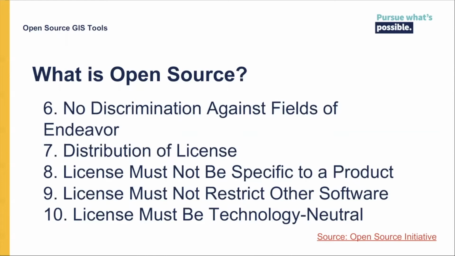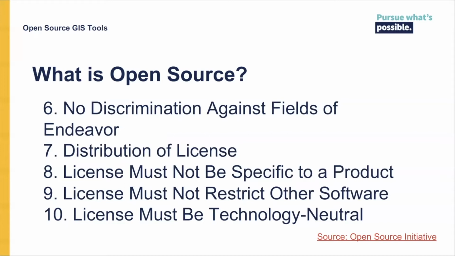It has to be open. Then for the distribution of the license, it must apply for everyone. There shouldn't be, okay, educators, you can use this license, okay, business people, you get a different license. It has to be a blanket distribution.